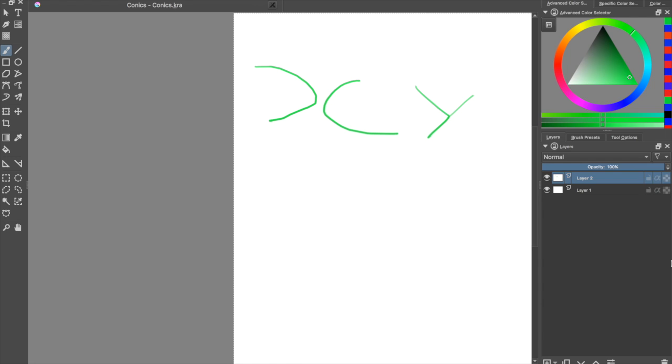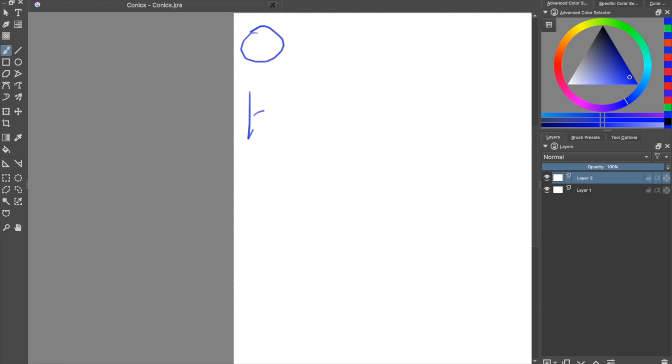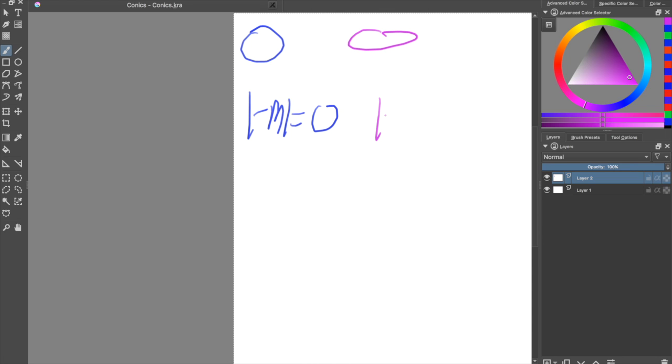And those are the basics for creating the shapes and the cuts and everything about a conic. So let's have a small review. Circle is absolute value of m equal to 0. Ellipse is absolute value of m is less than your slant.